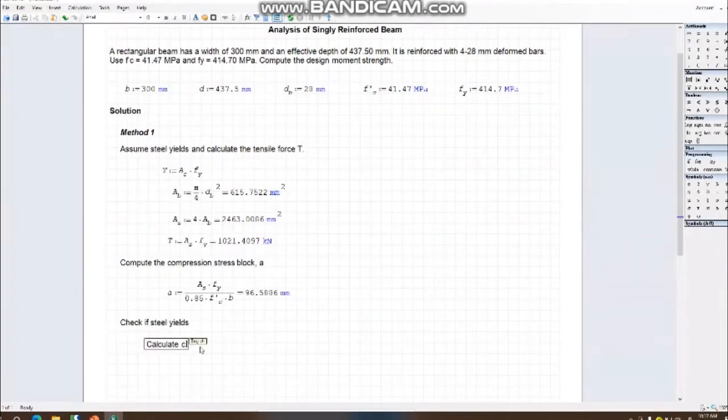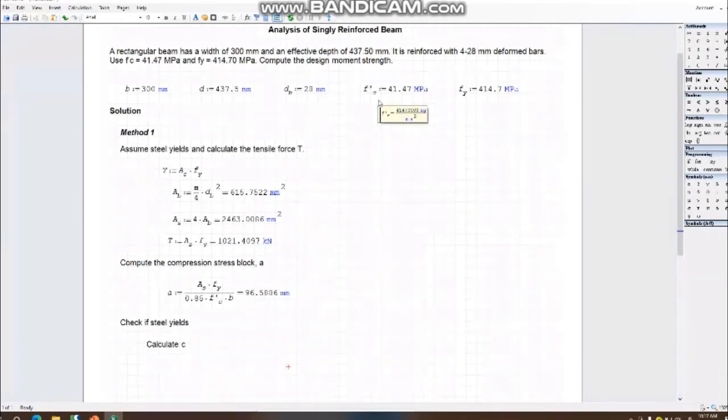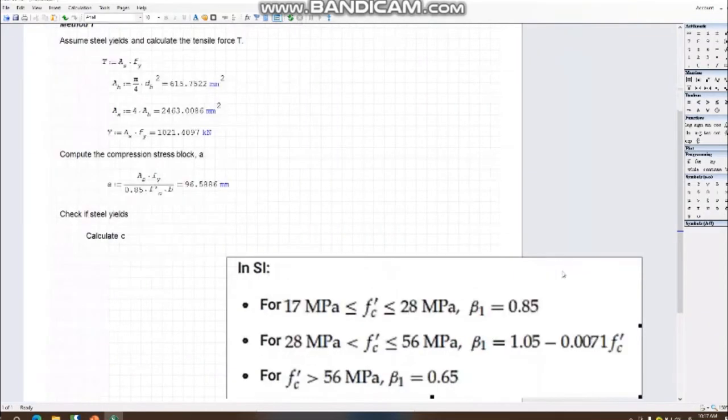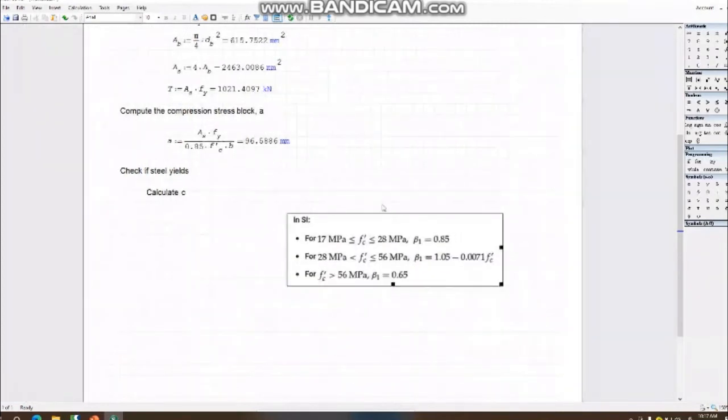Since ang atong FC prime is 41.47, that is between 28 MPa and 56 MPa, then ang atong gagamiton ng mga formula, based on this. So ito yung gagamitin natin.